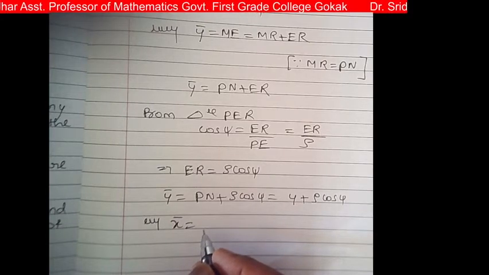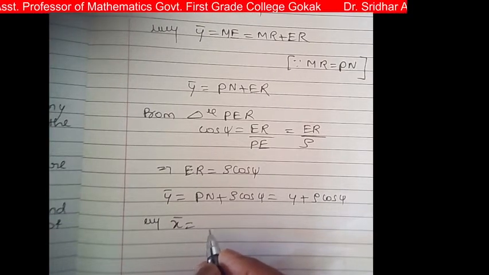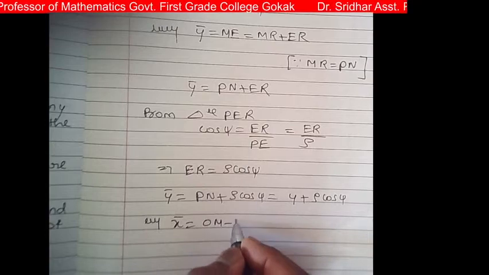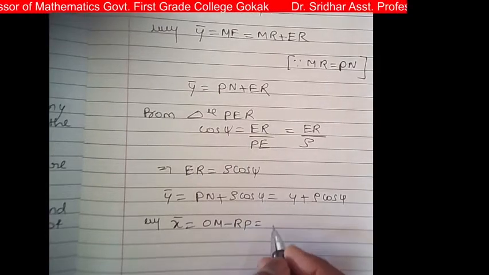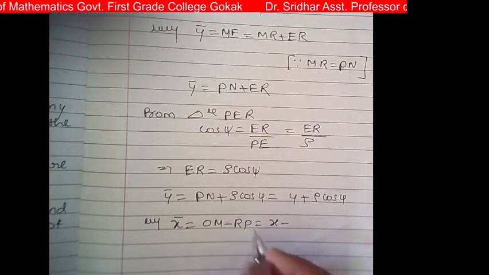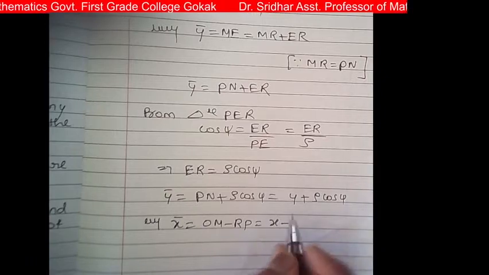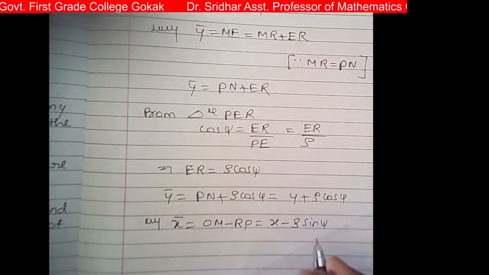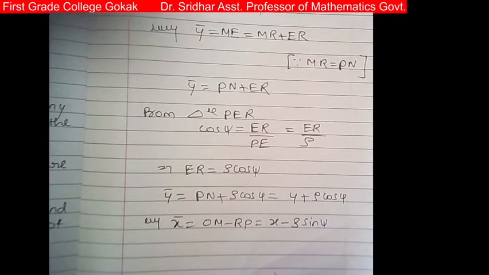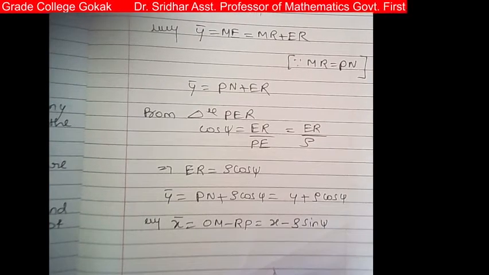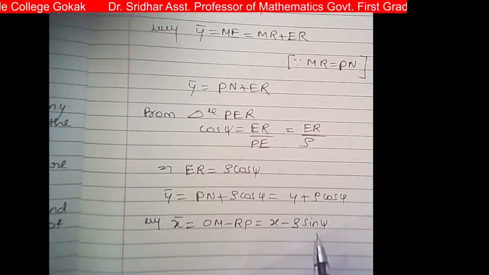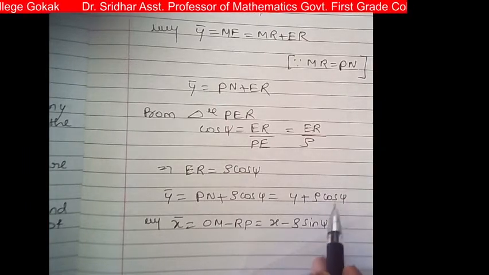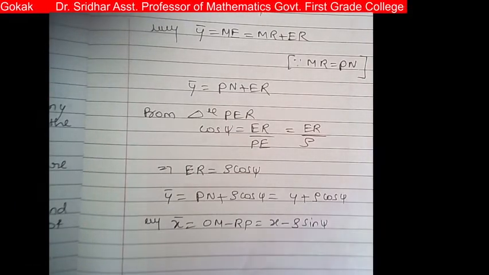We have taken x bar is equal to OM minus RP, so OM is on the x axis, take it as x, then RP is rho sin psi, so this we have already determined. Okay, now we find the expressions for sin psi and cos psi that we needed.